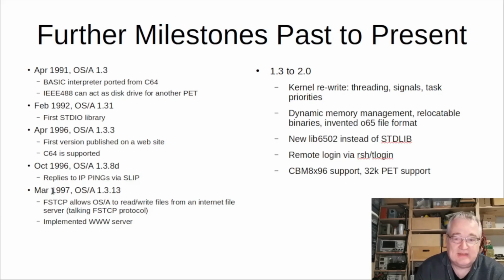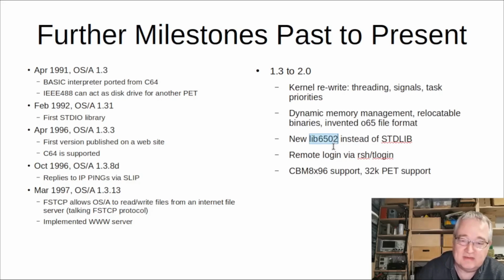There's a standard library called Lib6502, which is very nice. It even provides networking support if there is a special task running in the background that actually does the TCP/IP communication or whatever kind of networking is being enabled.